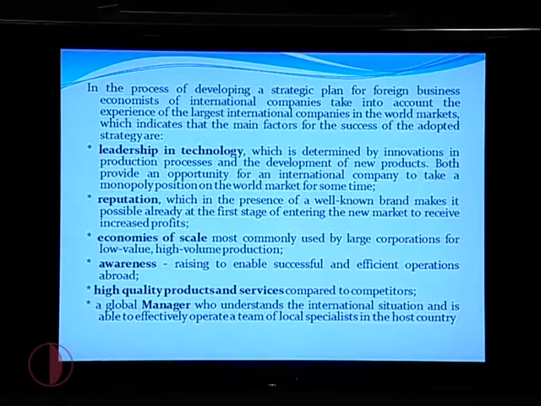Awareness raising enables successful and efficient operations abroad, with high-quality products and services compared to competitors. A global manager who understands the international situation and is able to effectively operate a team of local specialists in the host country is a very important thing for international business.